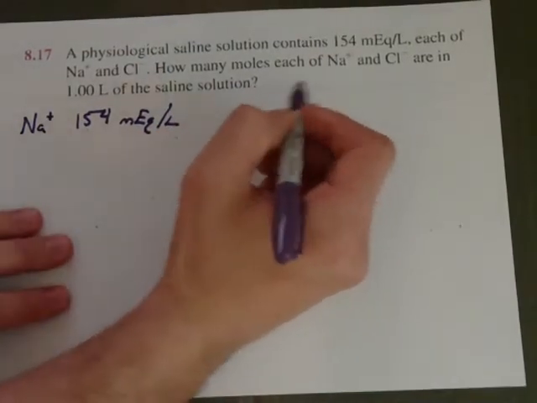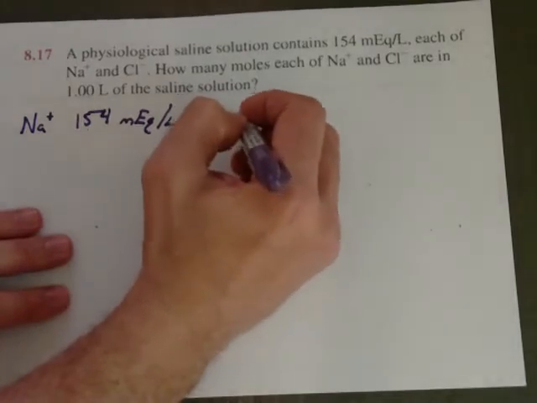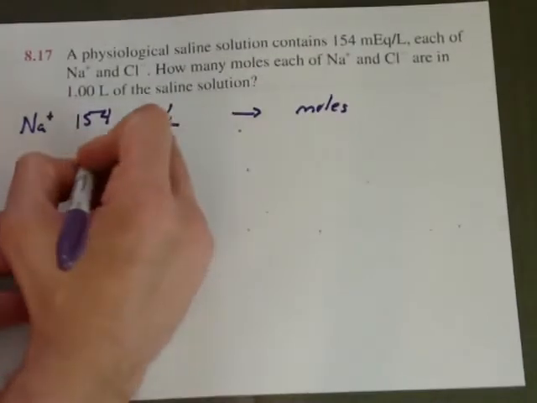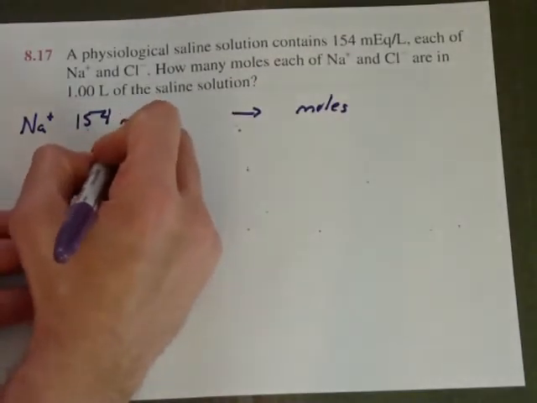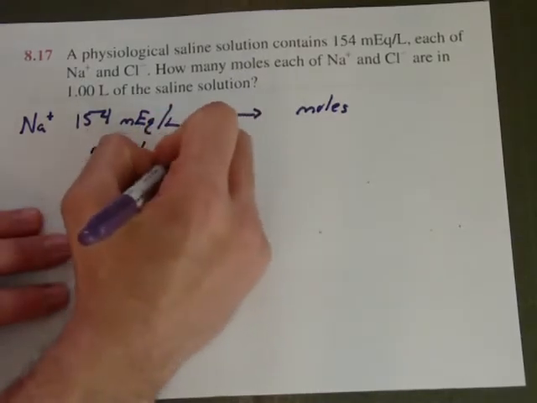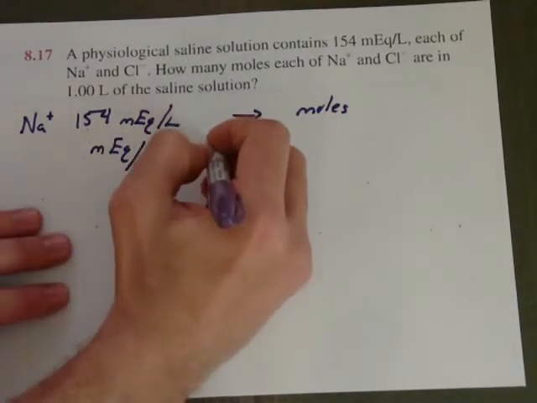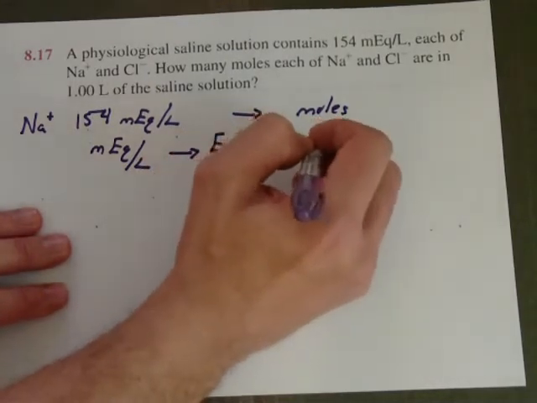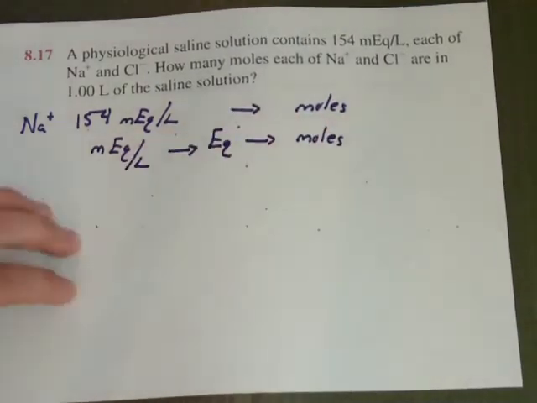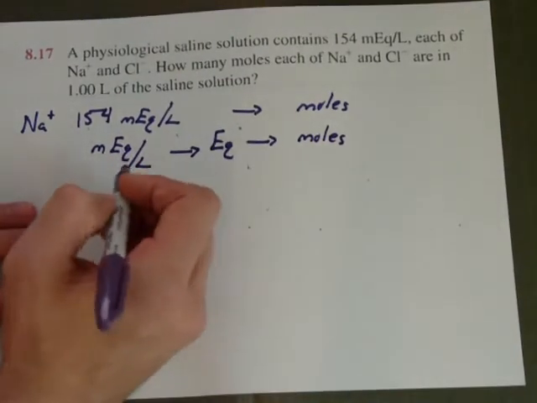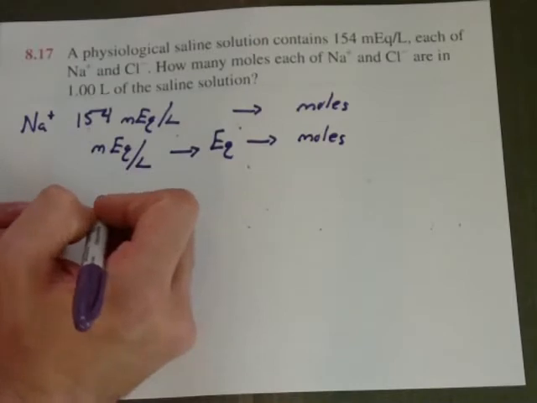So we want to get to moles. So what we want to do is go from milliequivalents. We want to get that into equivalents, and then we can get that into moles.